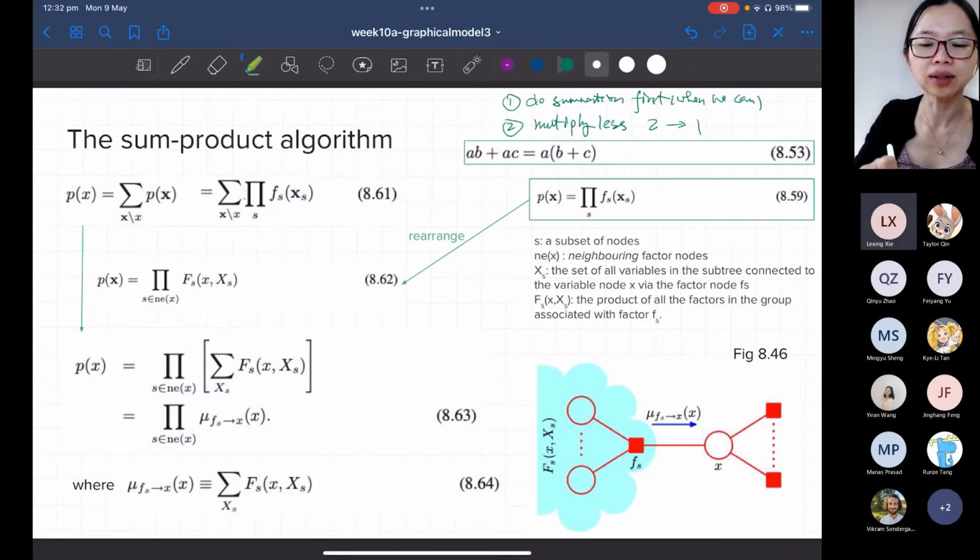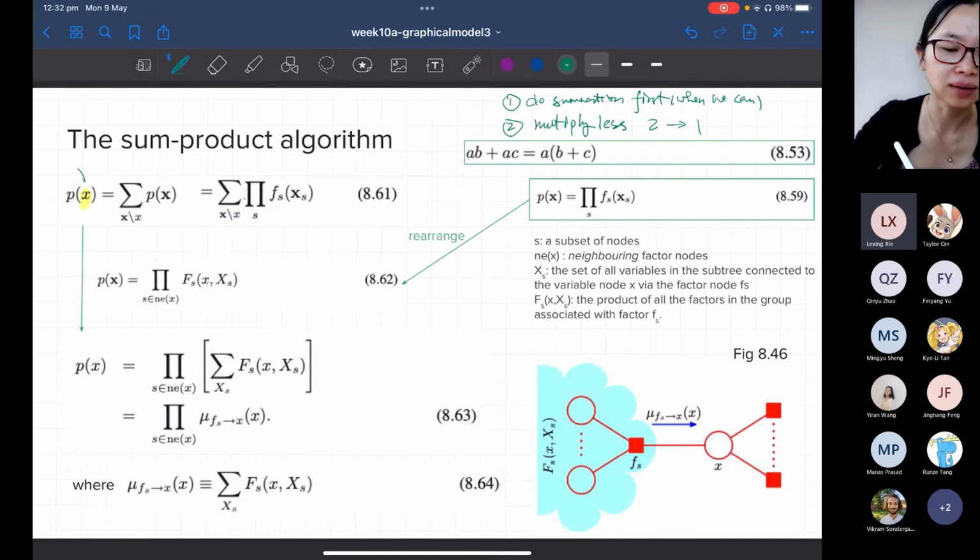Let's say we are concerned with this lowercase x, non-bold, this one variable where we want the marginal distribution of x.